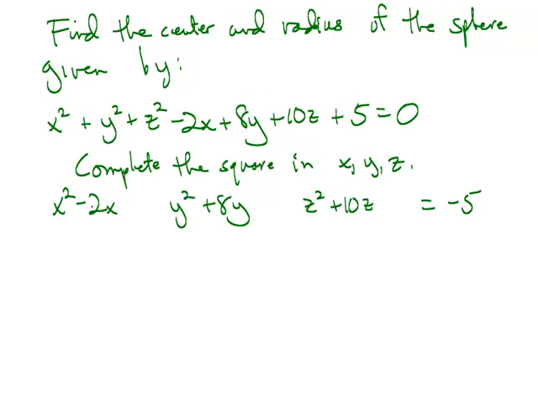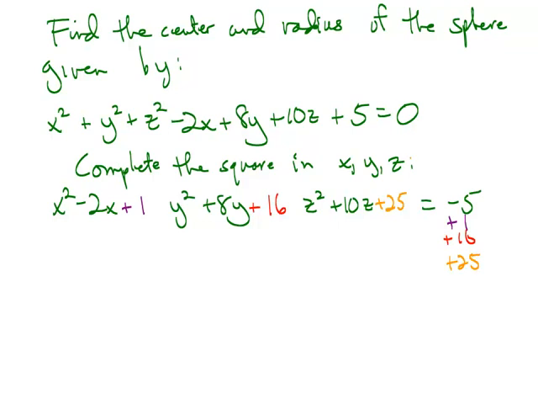So 2 divided by 2 is 1, and 1 squared is 1. You can take -2 divided by 2, but because you're squaring it, it's positive either way. 8 divided by 2 is 4, and 4 squared is 16. And 10 divided by 2 is 5, and 5 squared is 25. Now remember, I have to add those things to the right side of my equation as well. So I have to add 1, 16, and 25. We've got to keep everything balanced.